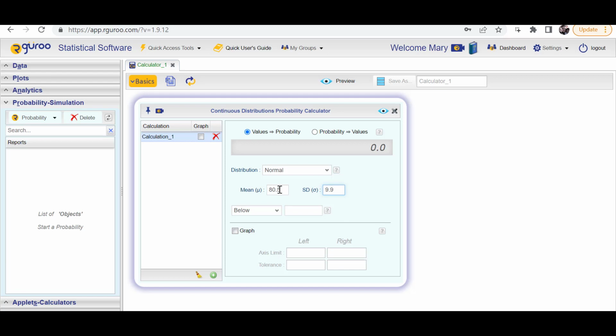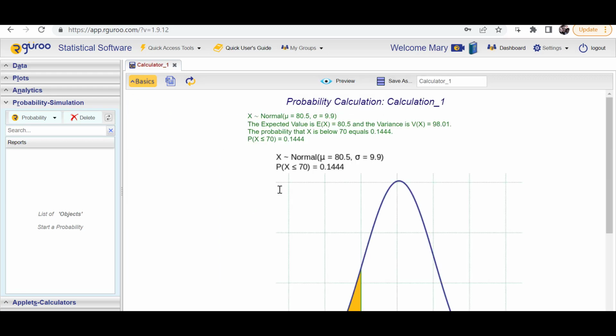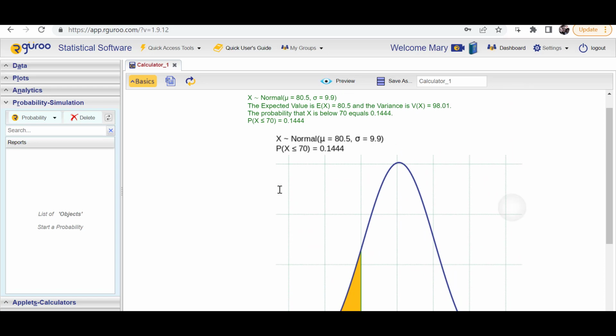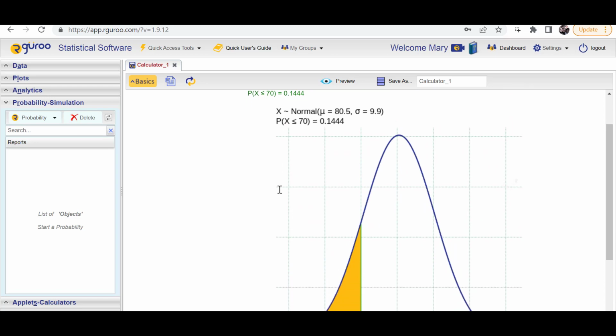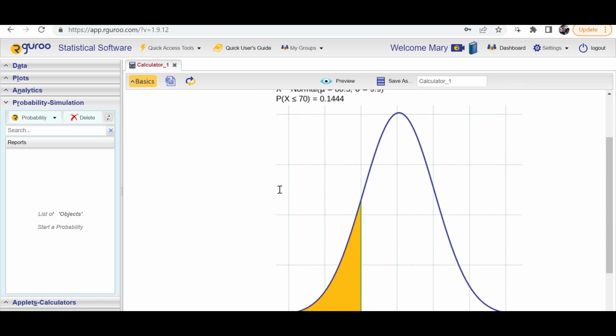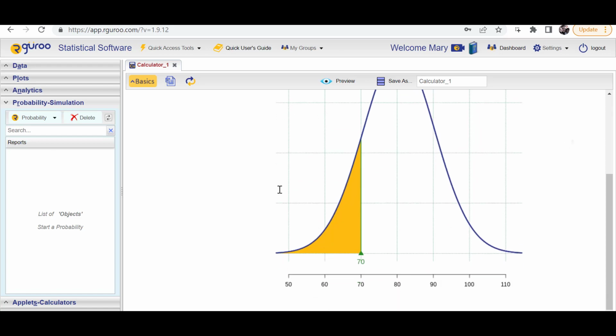And we want to know the proportion that is below 70. And we can see it is shading below 70. I put in the correct mean and standard deviation, and we get a proportion of 0.1444. That's the area shaded.